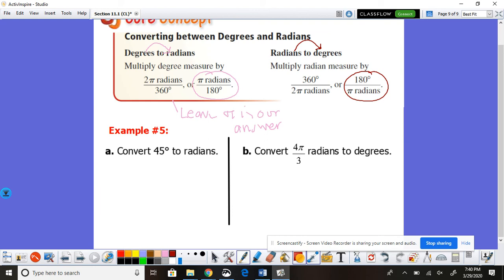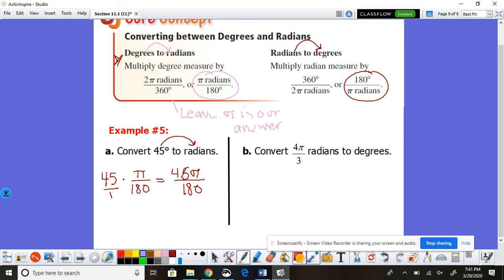All right, so convert 45 to radians. So we're going from degrees to radians, which is right here. So we're going to multiply it by pi over 180. So 45 times pi over 180. Well, guys, think of 45 as 45 over 1. This is the same thing as 45 pi over 180.